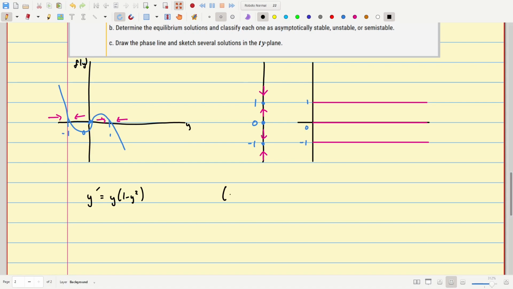And so the easiest way to do this is actually the product rule. So we'll take the derivative of the first function, leave the second function alone, and then take the derivative of the second function, leaving the first function alone. We want this to be equal to 0. We're going to get 1 minus y squared minus 2y squared. And so we're going to get 1 equals 3y squared.